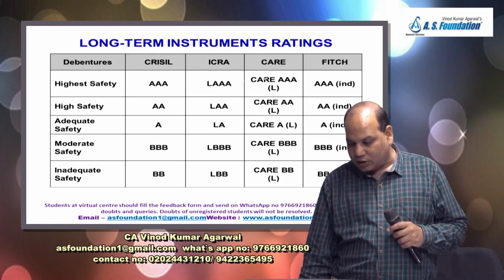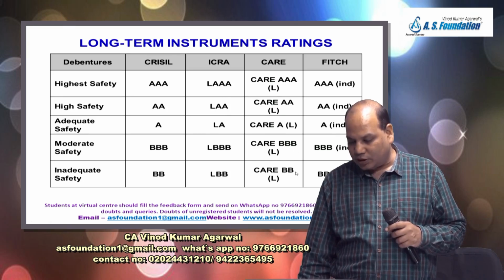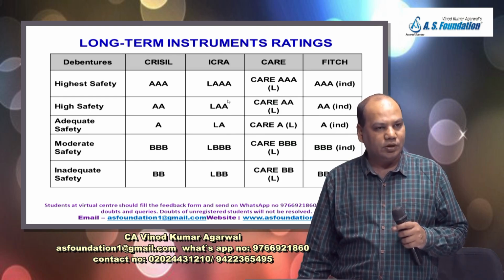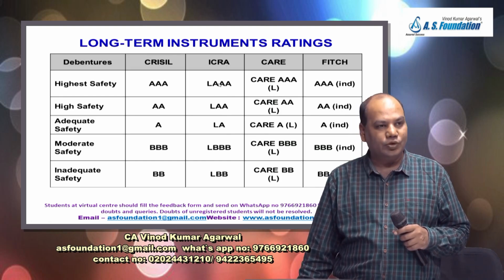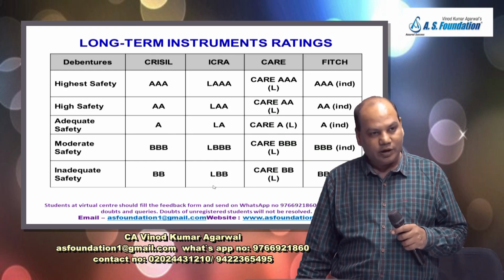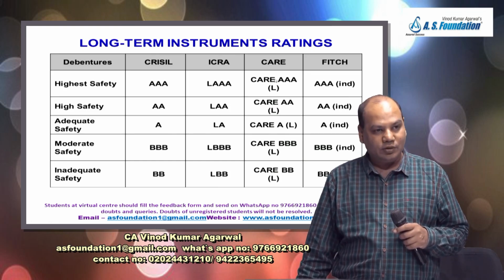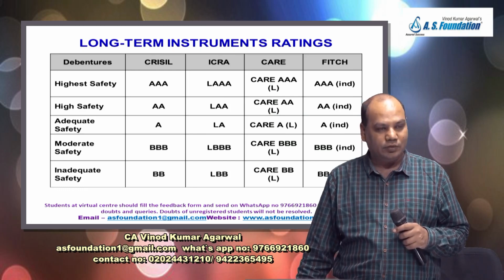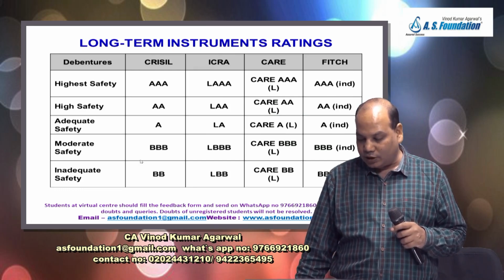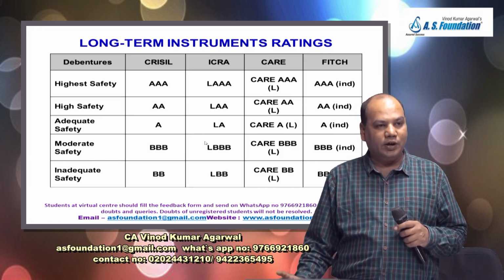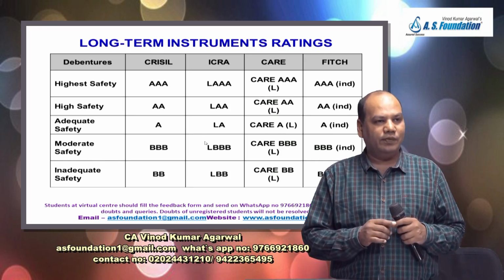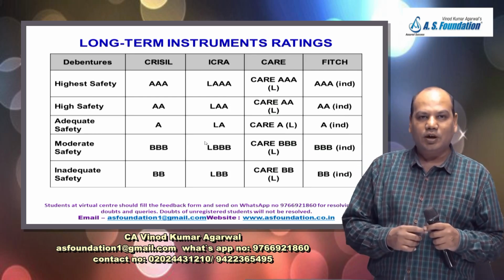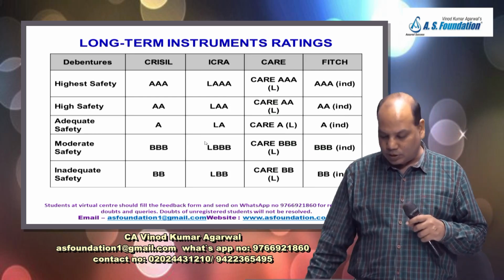And in the other three agencies also it is moving in the same manner. Have you noted? But each company has a different lettering. ICRA uses the letter L every time. CARE uses CARE and in bracket L. And this Fitch company writes India. So the moment you see any of these letters, you can identify which rating agency has issued it, what the meaning of this is, and that it is a long-term instrument.